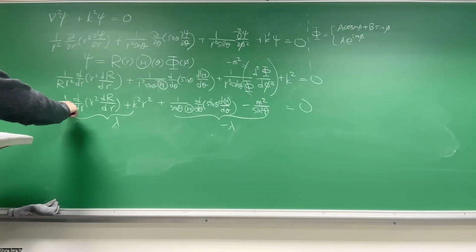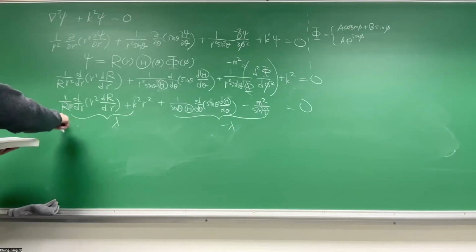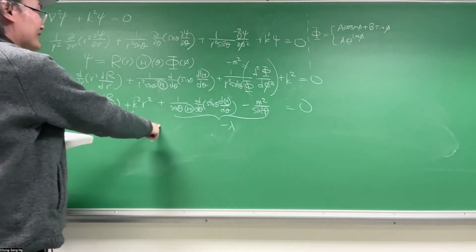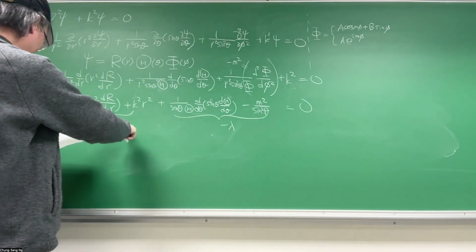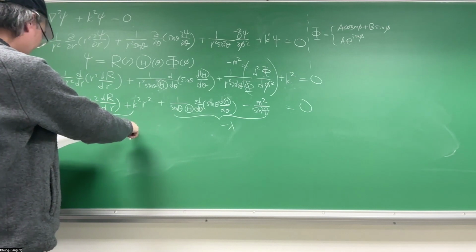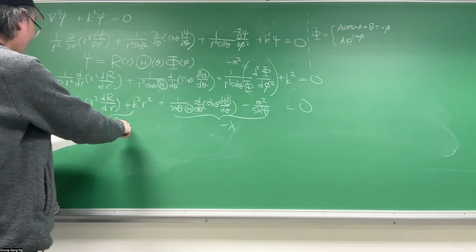Oh yeah, we multiply by r squared. Yeah, multiply by r squared. That is k squared. Yeah, the form.